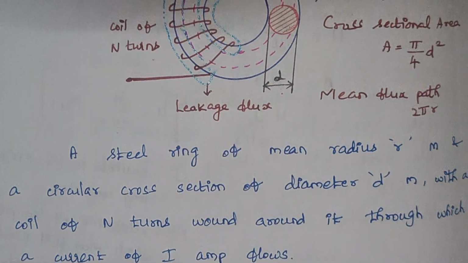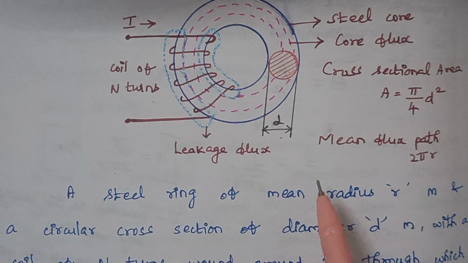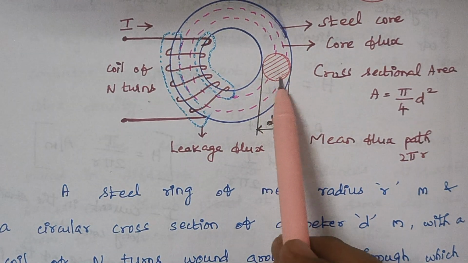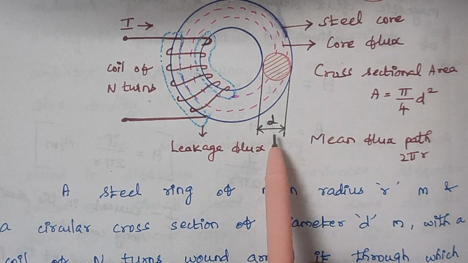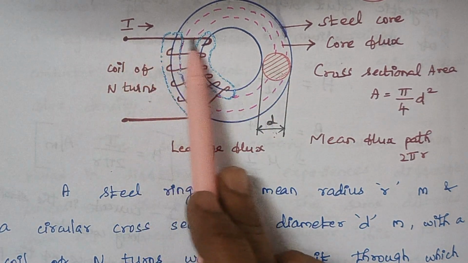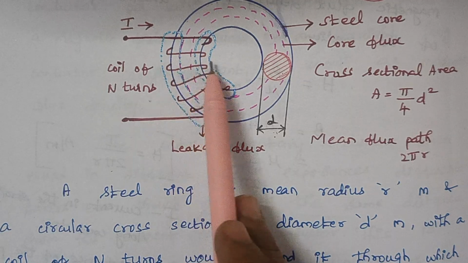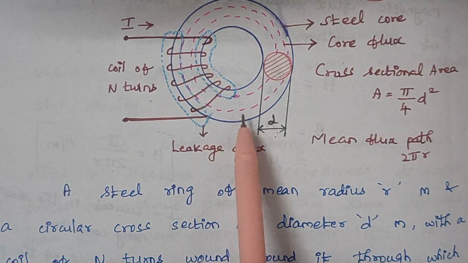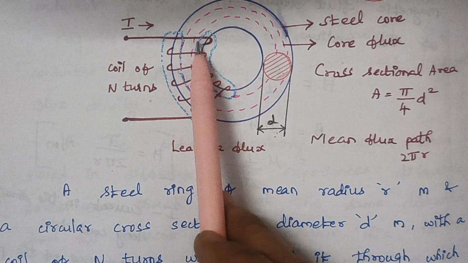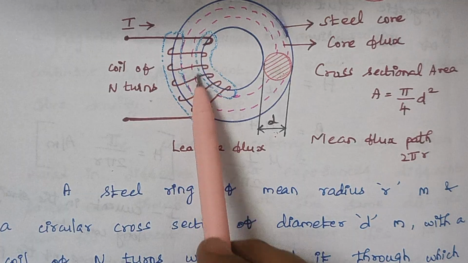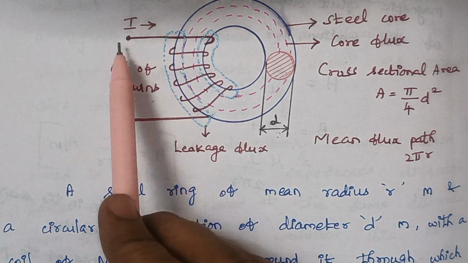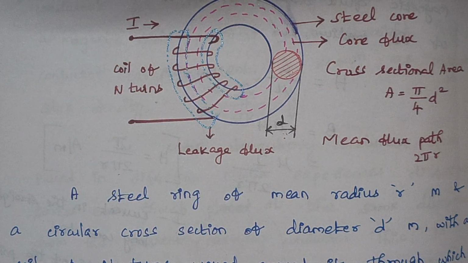This steel ring has wires, or technically speaking, conductors of n turns wound around it, and through these conductors we allow a current I to pass.